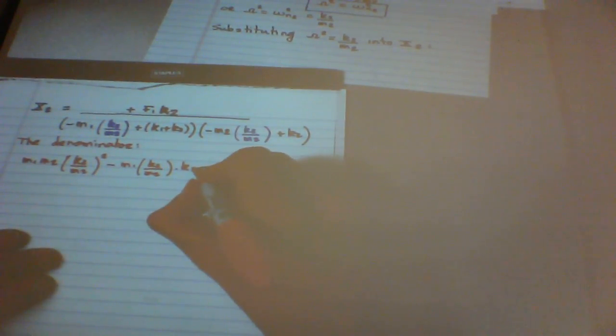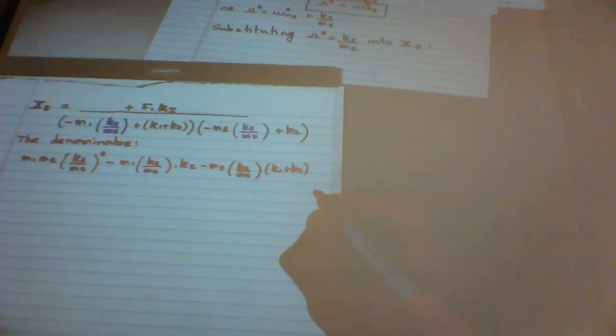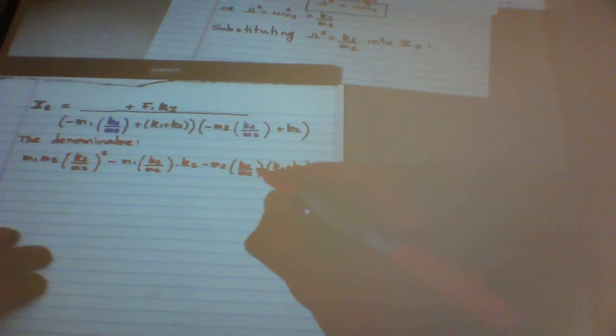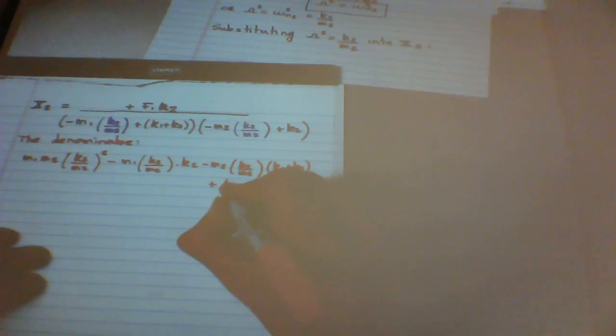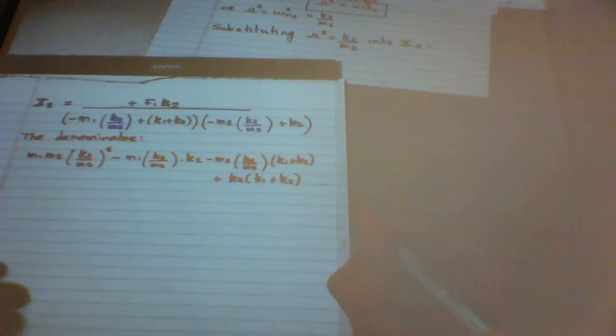And then minus M2 times K2 over M2 times K1 plus K2. And then we have here plus, it doesn't get complicated, plus K2, K1 plus K2.